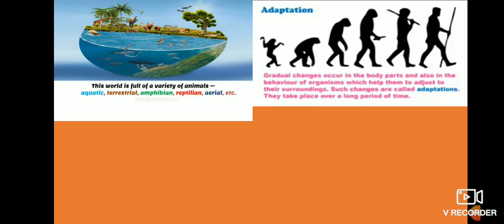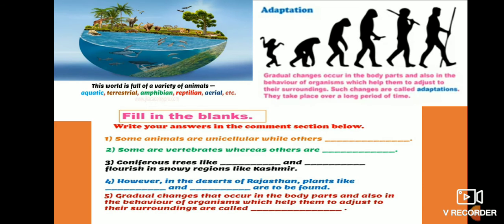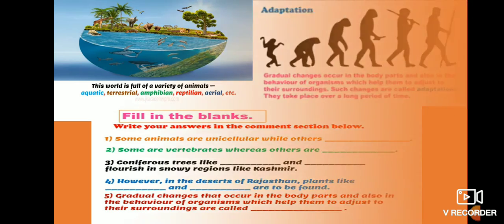It changes its behavior. It helps them to adjust in their surroundings. Whenever the surroundings change, the behavior of the organism also changes. Now fill in the blanks are given here. You have to write the fill in the blanks in your notebook and complete those sentences.